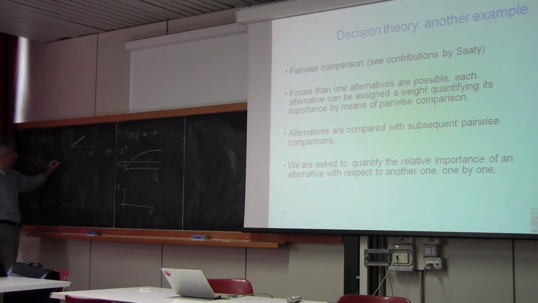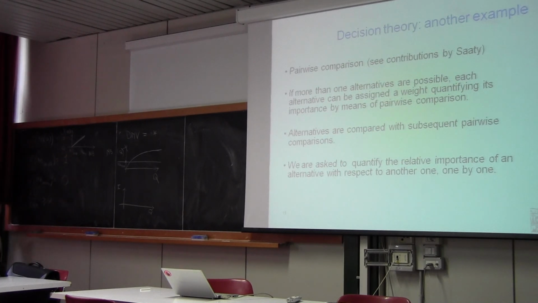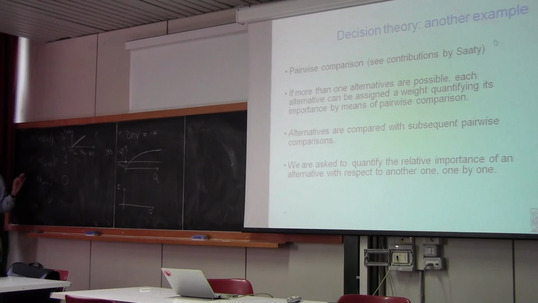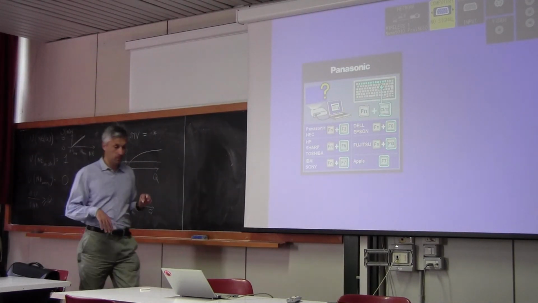And be careful, if you do like so, this is NB max, and this is NB min. What does this function do? It just rescales in the interval 0, 1 the range of the feasible benefits.